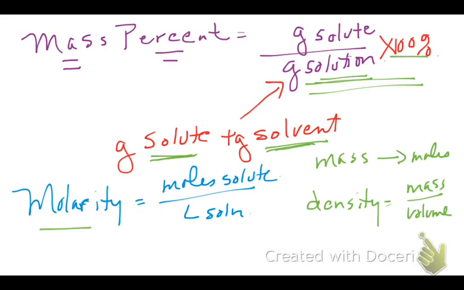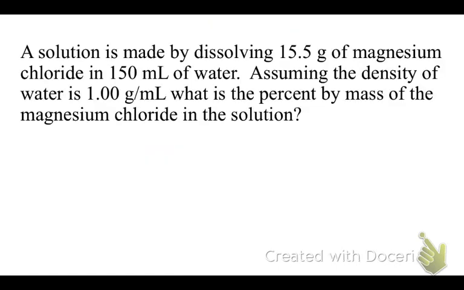Just refreshing what molarity means: moles of solute, liters of solution. And then density being mass over volume, and what probably seems like we've been doing forever: if I have mass of a particular substance, I can get to moles through the molar mass. All right, so let's see what this means when we look at an example.